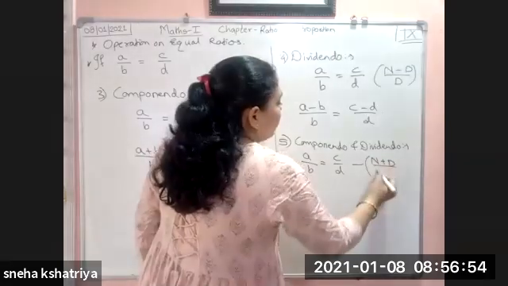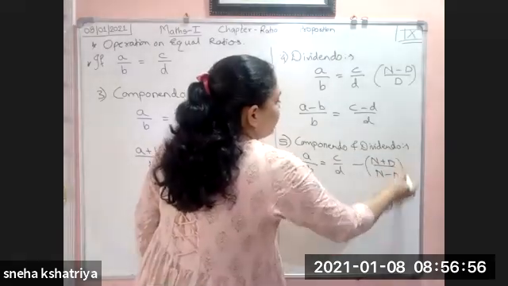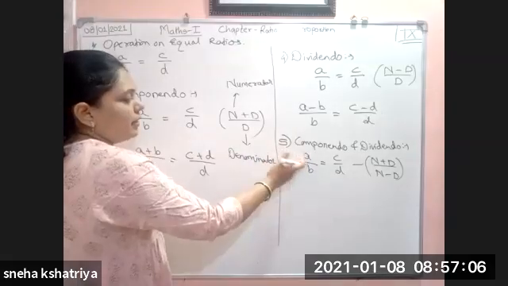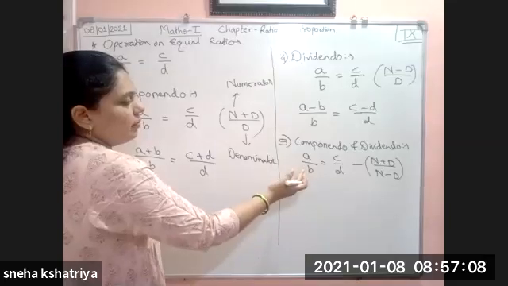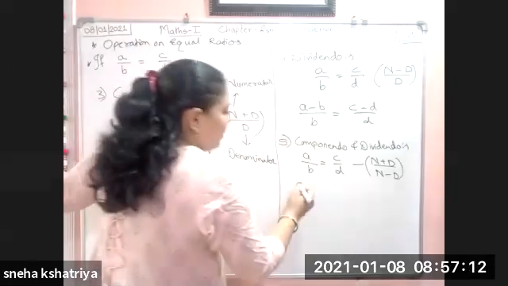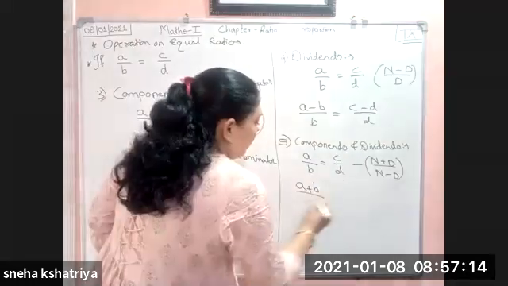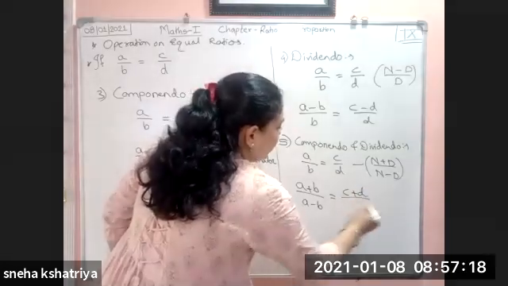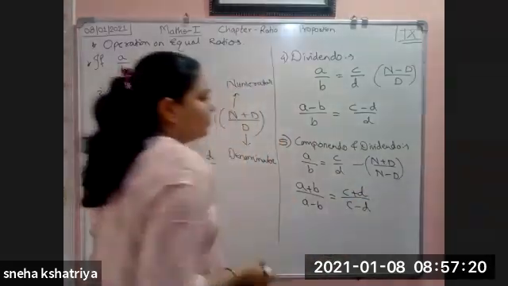Numerator plus denominator divided by numerator minus denominator. Both the operations we have to combine in the same operation. What do we have to do here? Numerator plus denominator, and in the denominator, numerator minus denominator. So this will become A plus B upon A minus B, which is equal to C plus D upon C minus D.